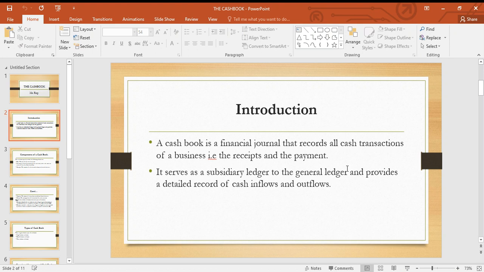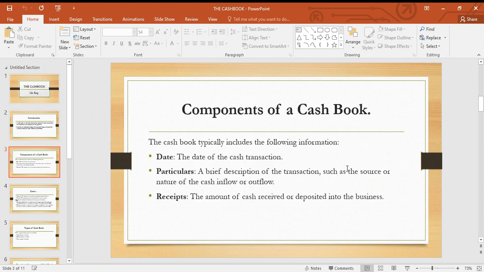So it serves as a subsidiary ledger to the general ledger and provides a detailed record of cash inflows and outflows. Then we have the next thing, the components of a cash book.